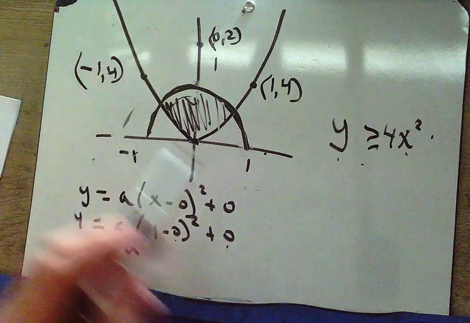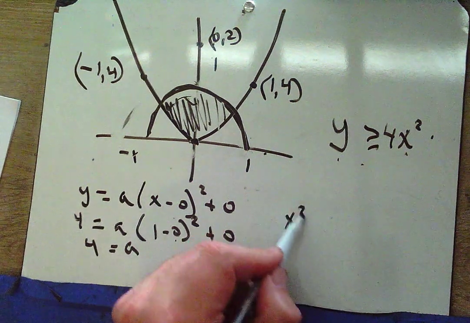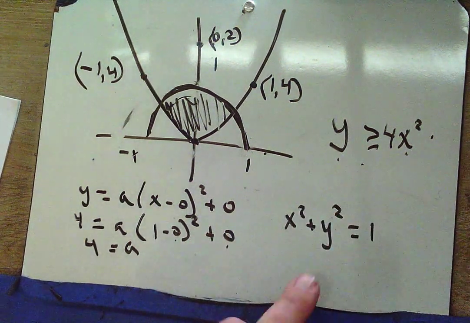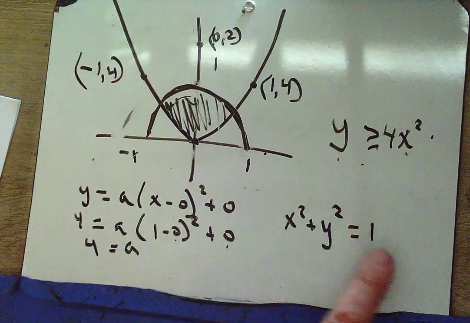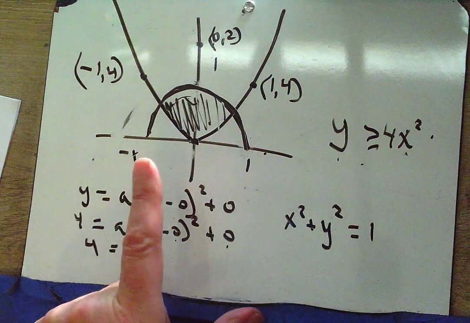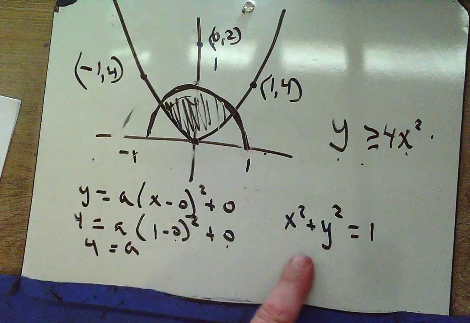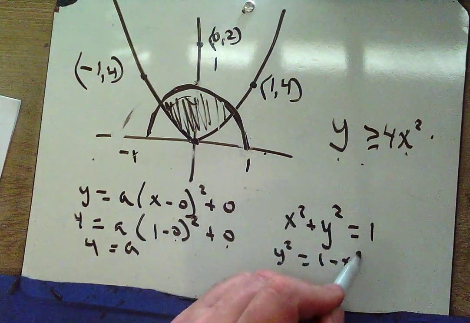What about the semicircle? Well, we know the whole circle would be x squared plus y squared equals 1. How do we know that? Well, we know that because the center is at (0, 0), and the radius is 1. But I don't want this stuff down here. So I really need to solve this for y equals. I know y squared is 1 minus x squared.